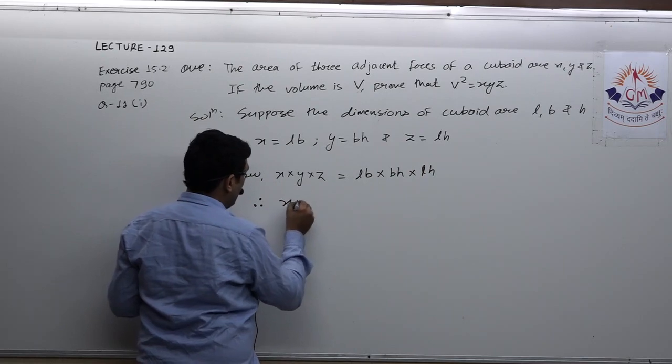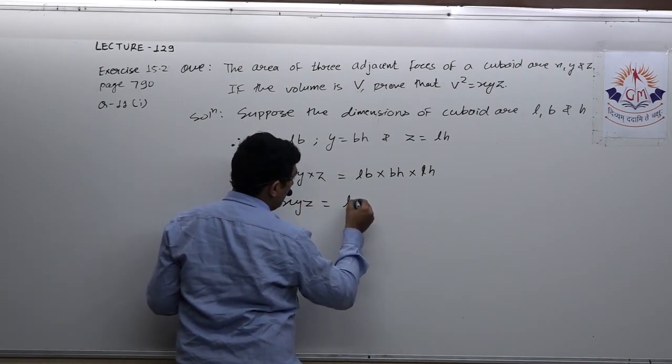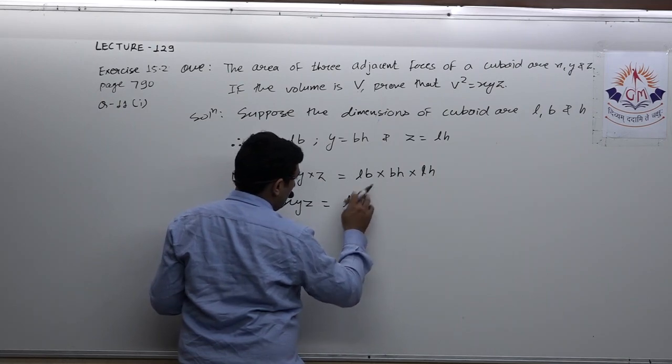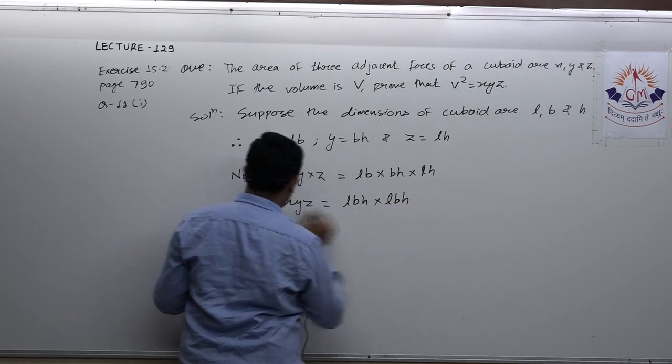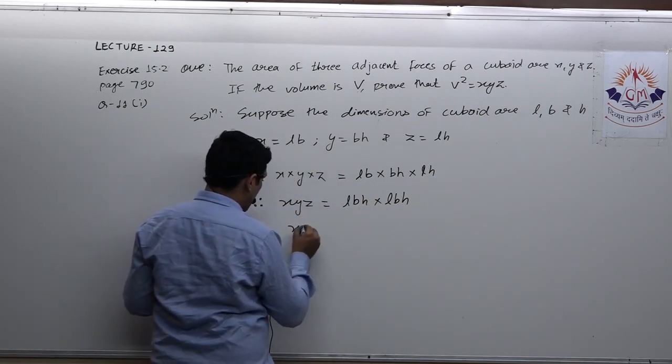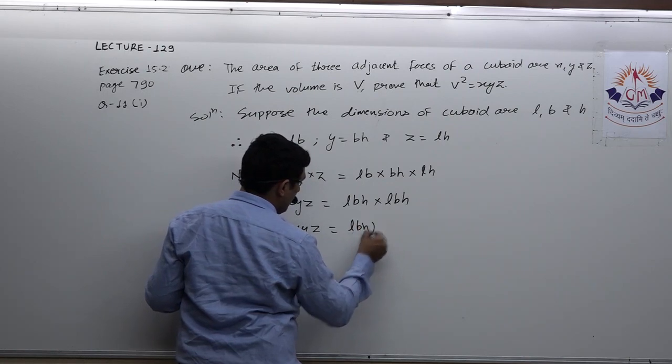Therefore, XYZ is equal to LBH into LBH. Therefore, XYZ is equal to (LBH) square.